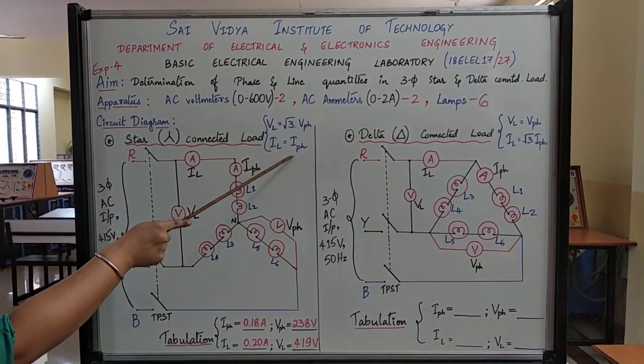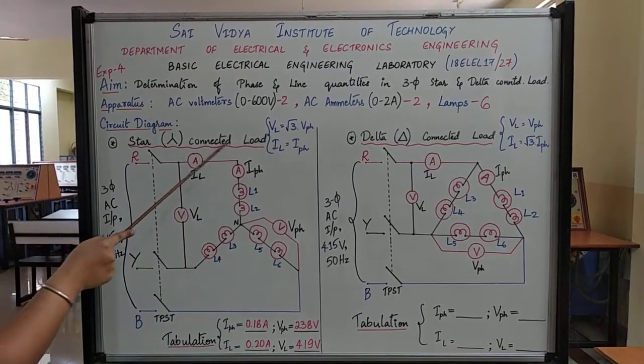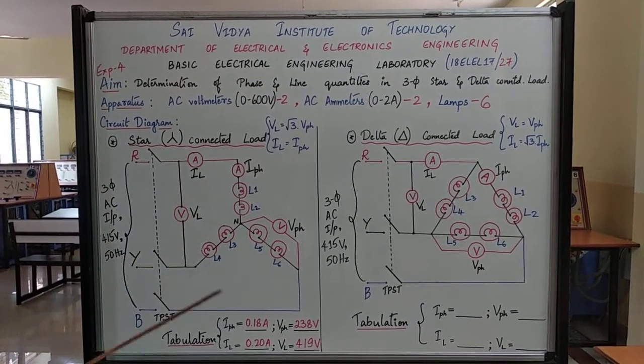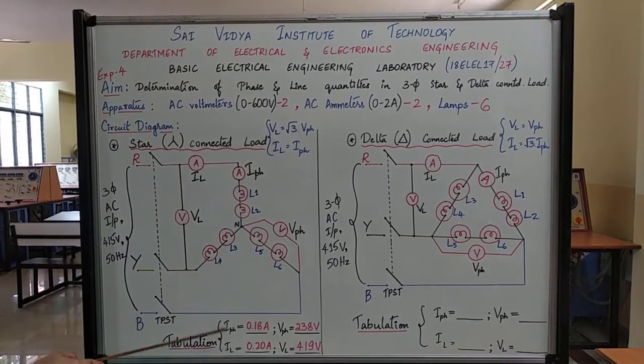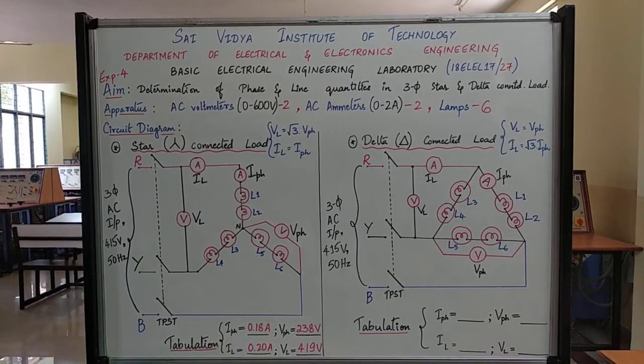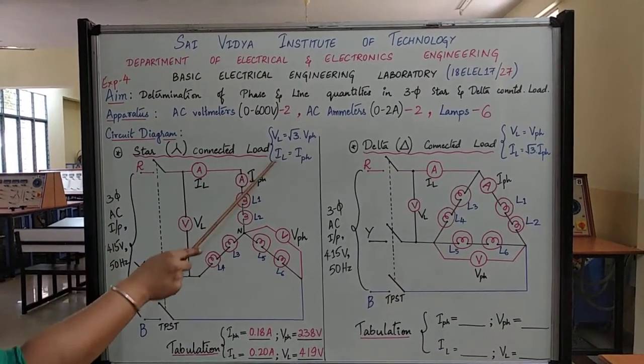So IL is approximately equal to I phase, and hence we have verified the relationship between the line and phase voltages and currents in a star connected load. Now this ends the experiment for star connected load part.